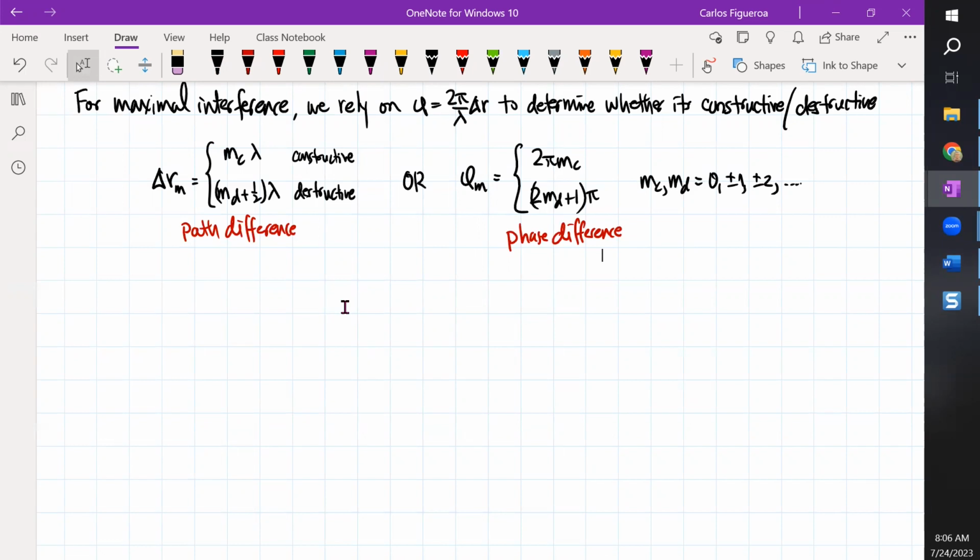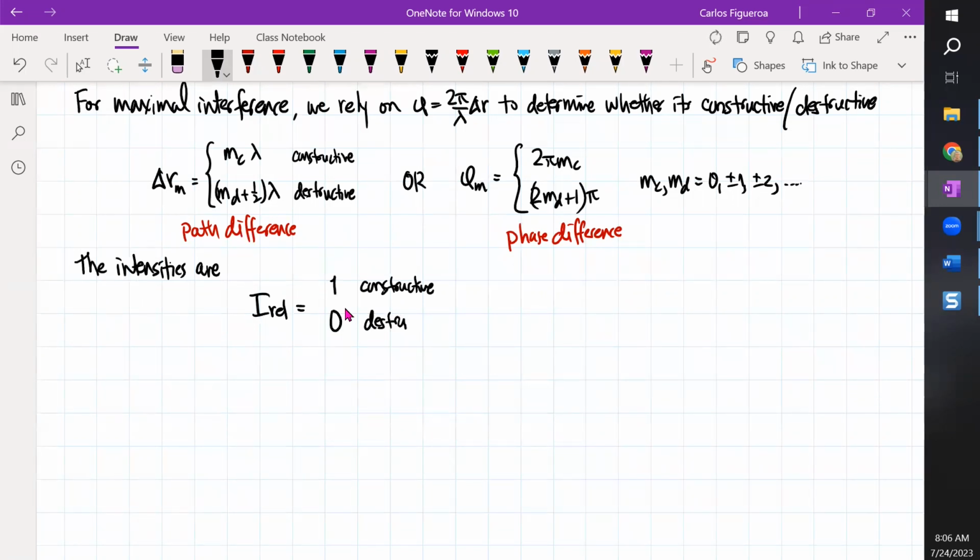One more time here. I forgot to say, if I look at the intensities, I relative is going to be 1 if it's constructive, or 0 if it's destructive.